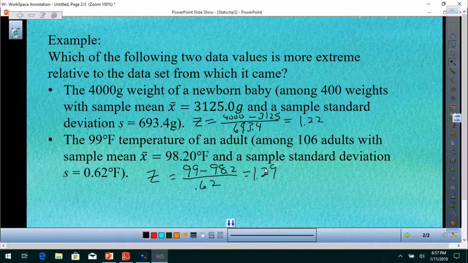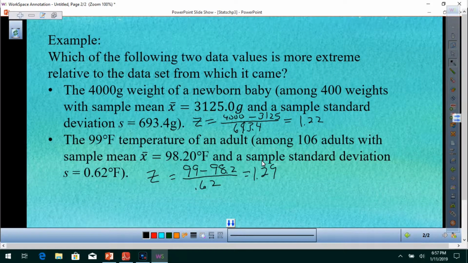So what can we say here? The 4,000-gram birth weight is 1.22 standard deviations above the mean, and the 99 degrees Fahrenheit body temperature is 1.29 standard deviations above the mean.